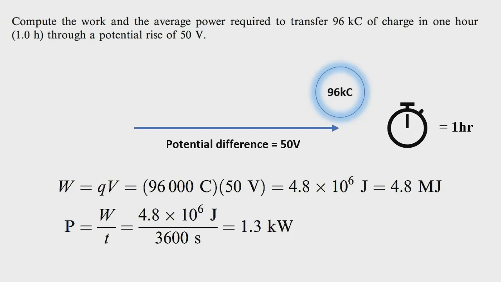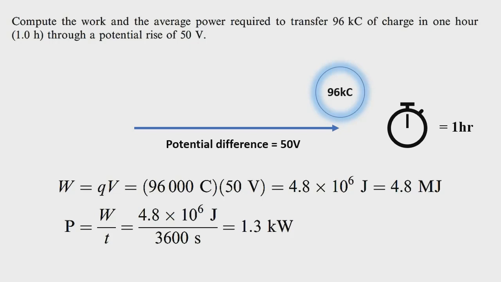The work is equal to 4.8 times 10 to the positive 6 joules. In other words, that is also equal to 4.8 megajoules. So that will be the computation for work.